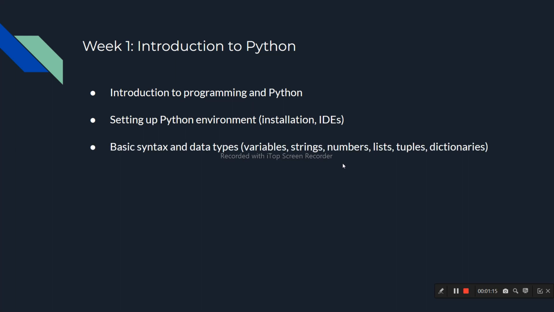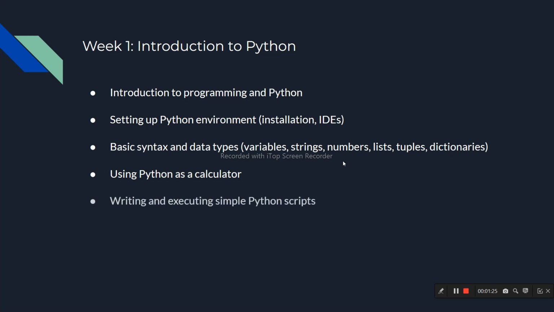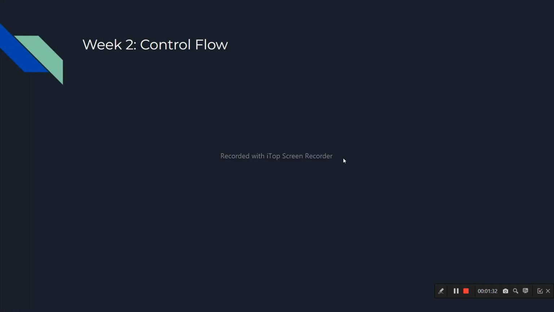Then we look at basic syntax and data types. That will include variables, strings, numbers, lists, tuples, and dictionaries. We'll also check how we can use Python as a calculator. We'll write and execute simple Python scripts. And that will be it for the first week.